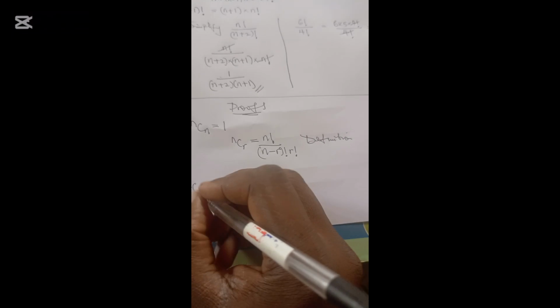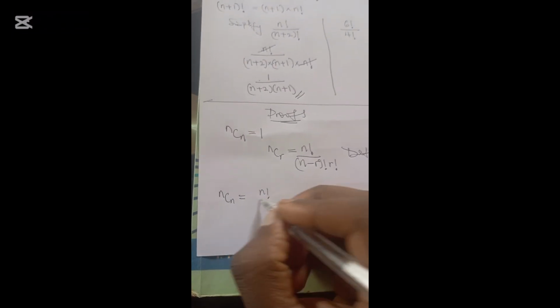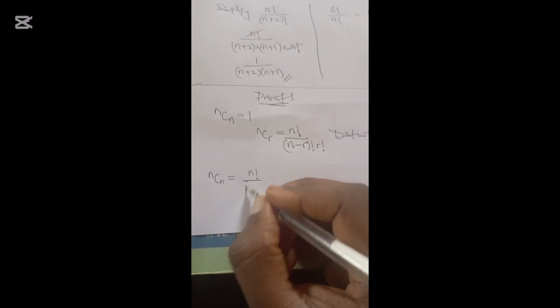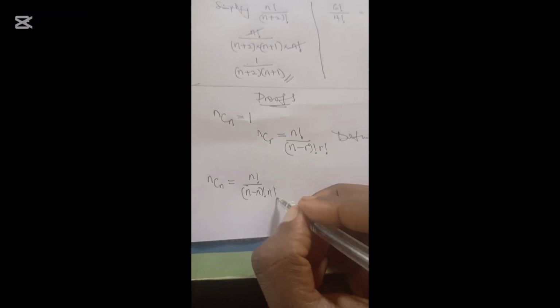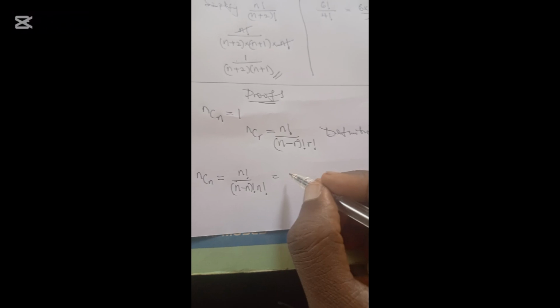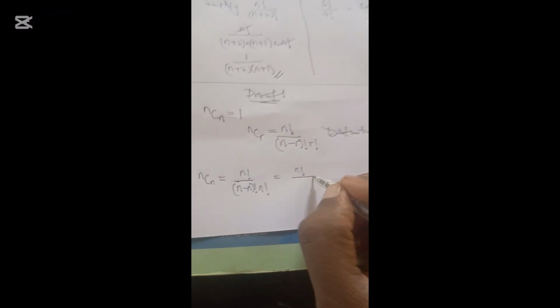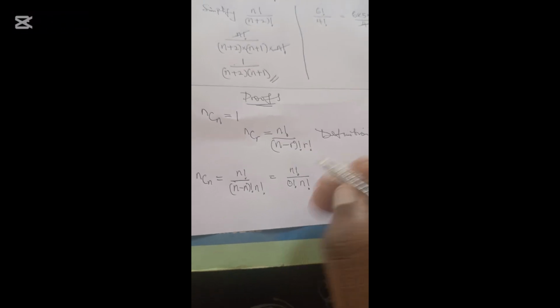So now n combination n will mean n factorial over n minus n factorial, then n factorial. After this, we'll see a cancelling effect: n factorial over 0 factorial over n factorial. The n factorial on top cancels the n factorial under.